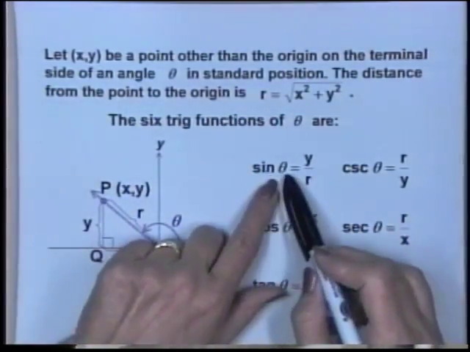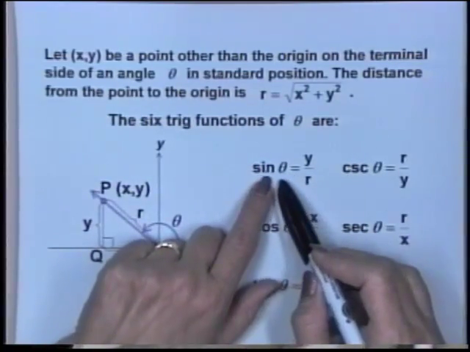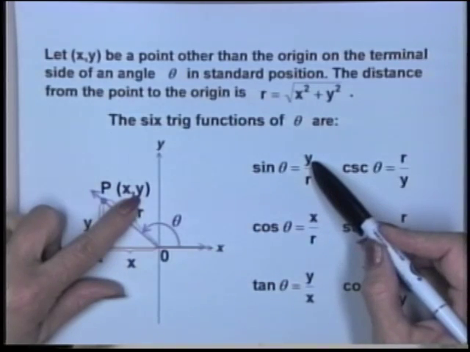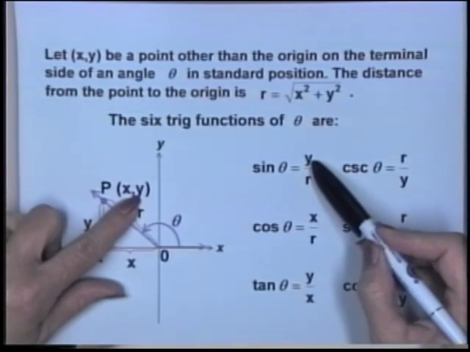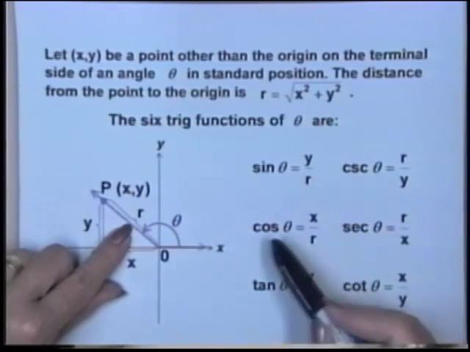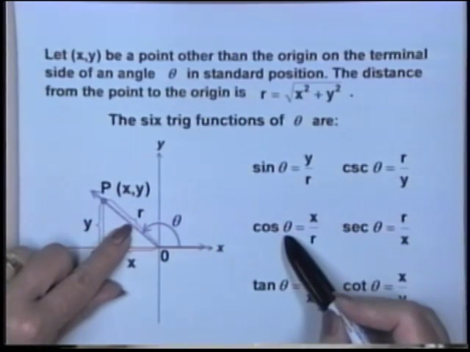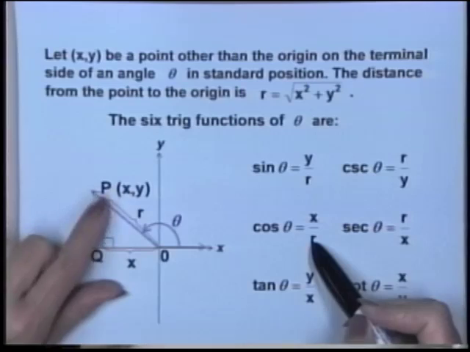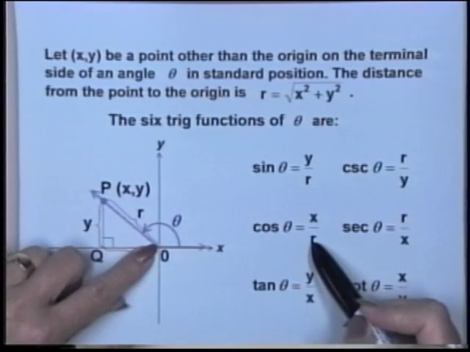The first ratio that we'll define will be the sine of theta, and it's defined to be the y coordinate divided by the r distance. And for the cosine of theta, it's defined to be the x coordinate of the point on the terminal side divided by that r distance.